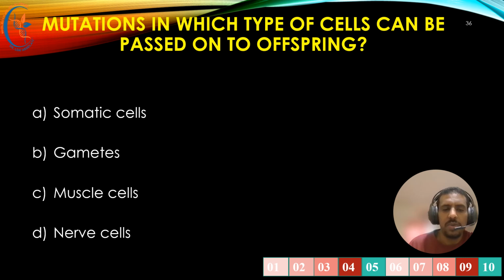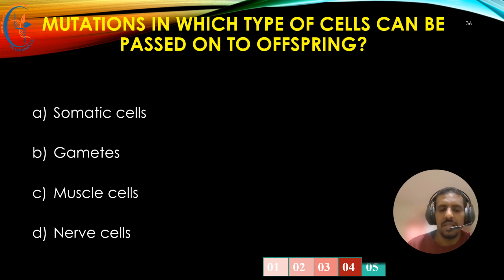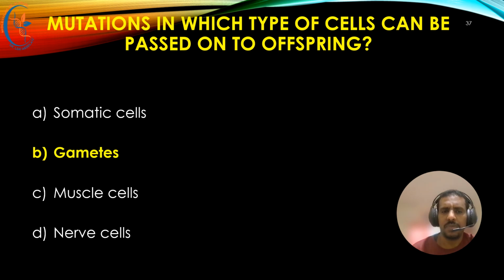The question here is, mutations in which type of cells can be passed on to offspring? 10 seconds. Somatic cells, gametes, muscle cells, nerve cells. Let's move to the answer.